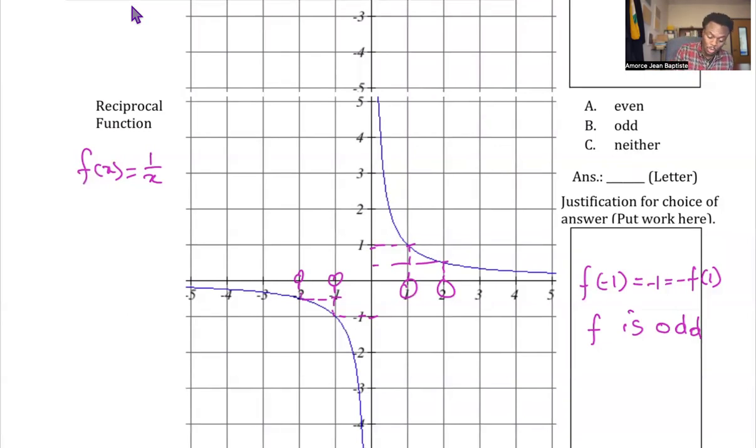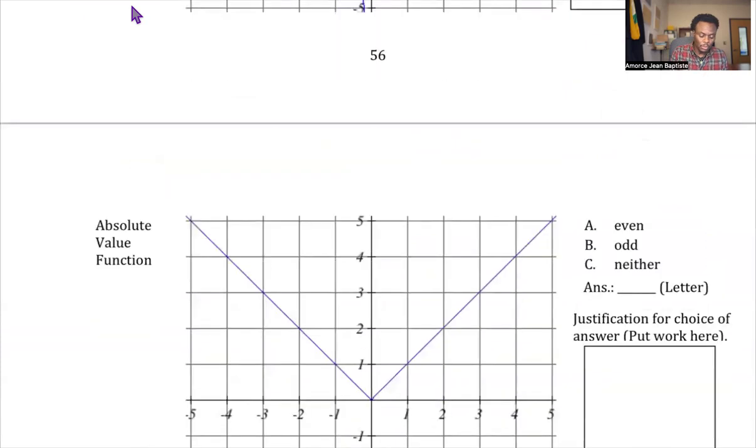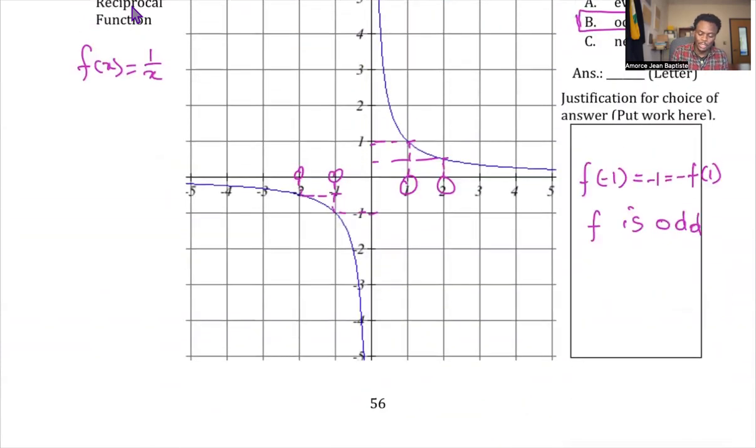So that's why you would say that this function is odd. You would see the shape and then test it with one or two numbers to see whether your guess or intuition would be applicable in the situation. But in this case, it works. And also, because it's odd, you expect a symmetry with respect to the origin.